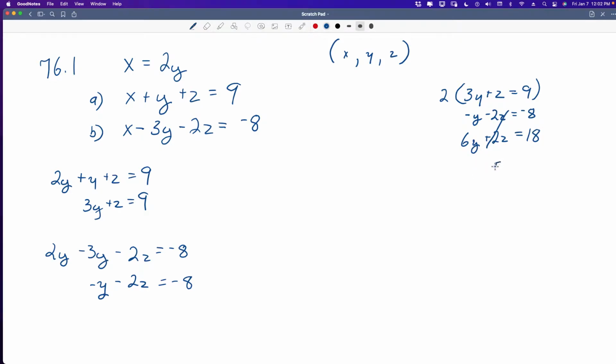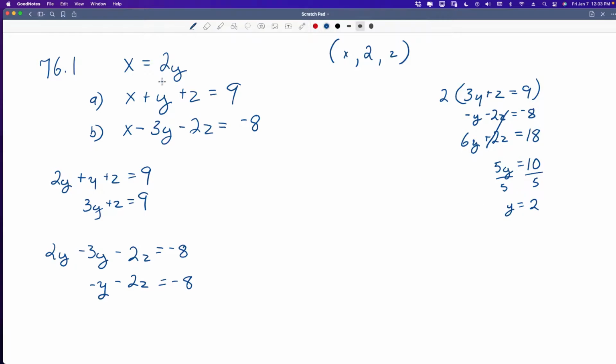This becomes 5y equals 10. Divide both sides by 5. Y is equal to 2. So I can write this y is 2. Okay?